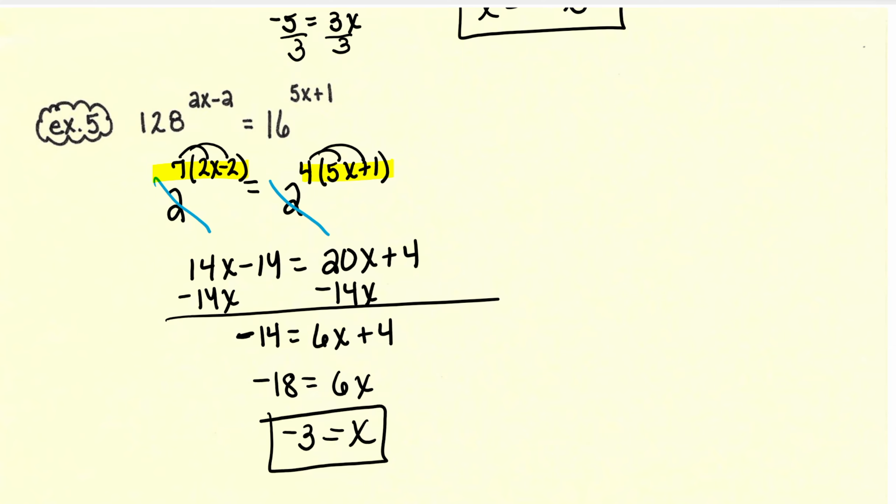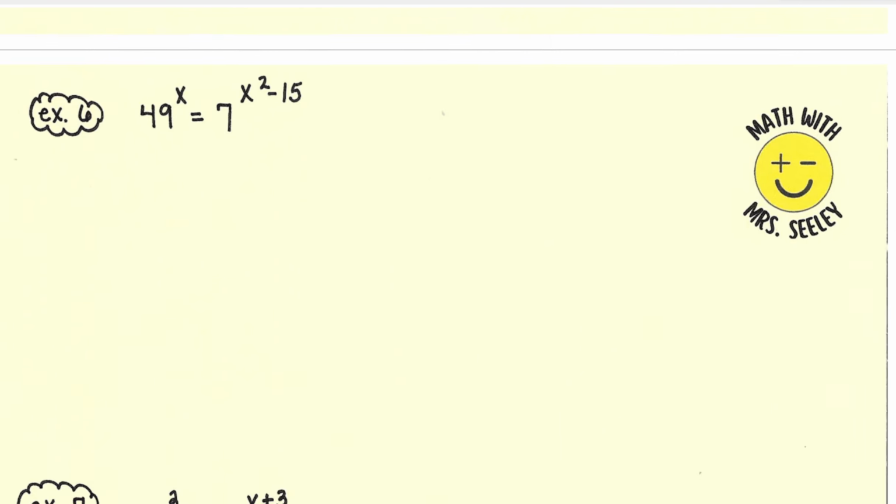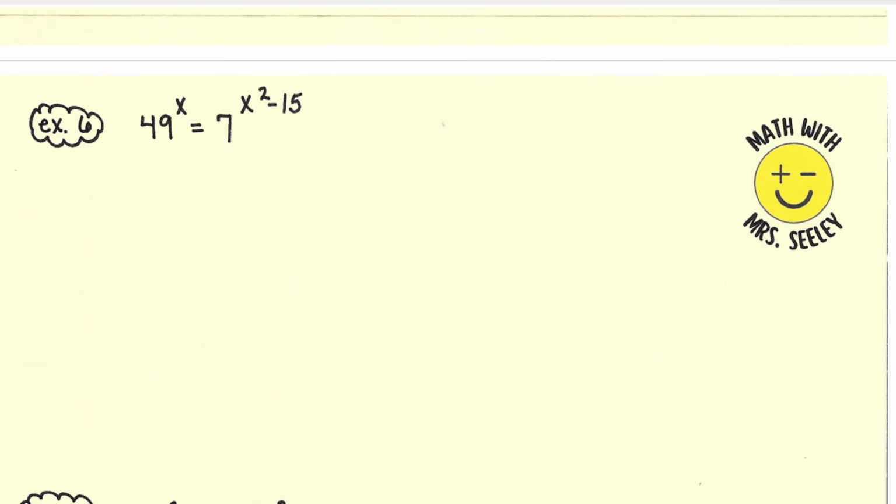Okay, let's take a look at example 6. When I look at example 6, I can see pretty easily that my base is going to be 7. So 49 is 7 squared. Bring down your x. This is just going to stay like it is.